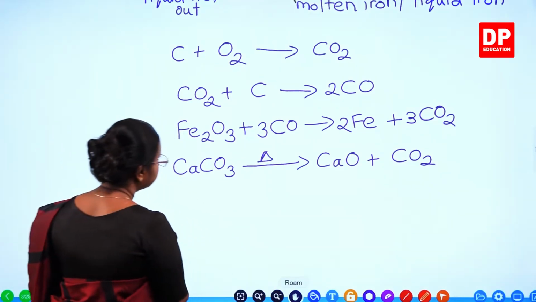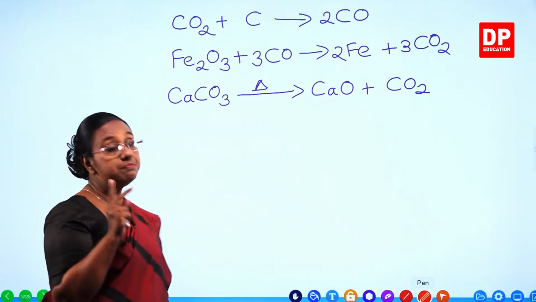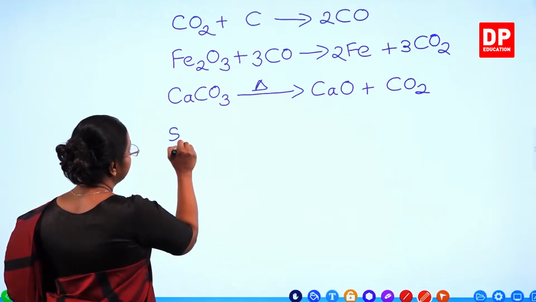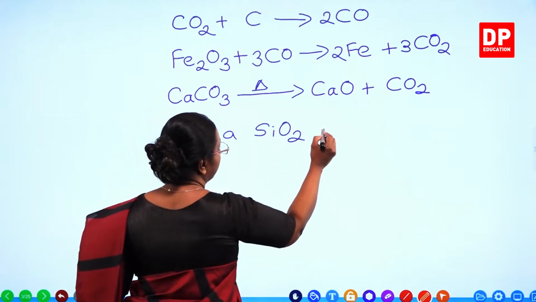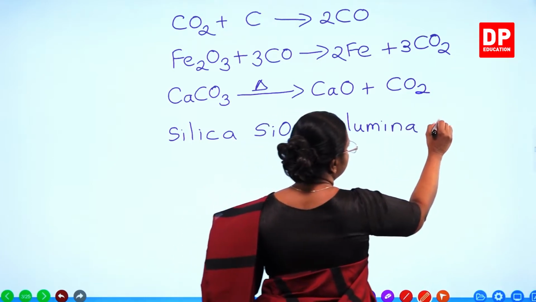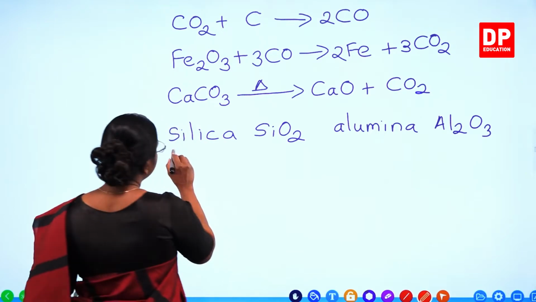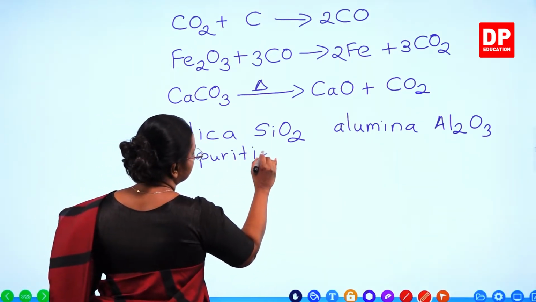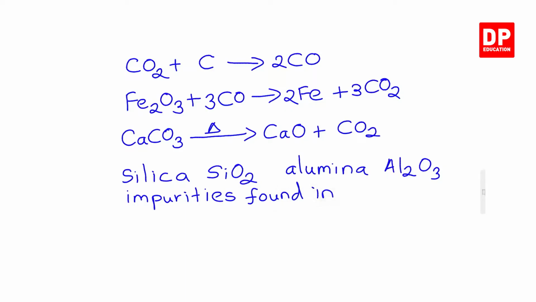Then there are 2 impurities present with hematite. One is silica, that is SiO2, and the other one is alumina, that is Al2O3. These are impurities found in hematite.